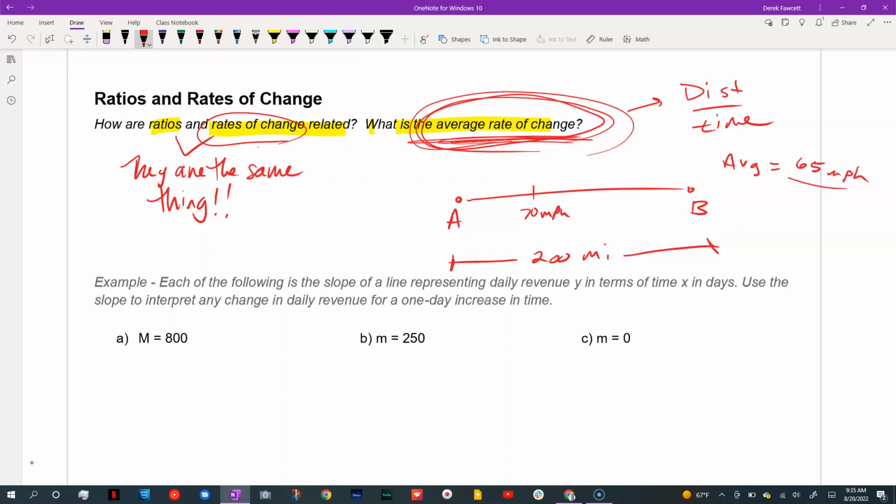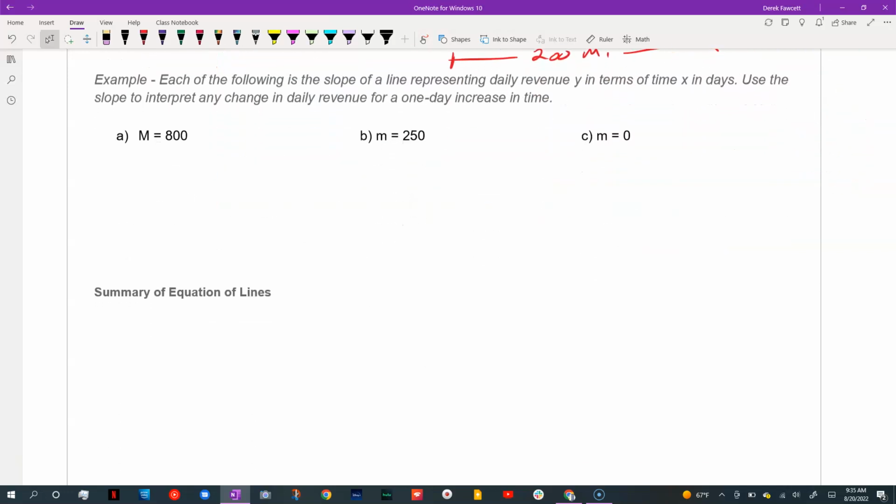If the speed limit's 65 and your average is 65, you could still get a ticket if a police officer catches you going 70 at any point between A and B. Right, so from that, write down your own definition, your own understanding of these things. This is pretty much all of calculus talks about rates of change. So it's very important that you have a solid understanding of what they are exactly.